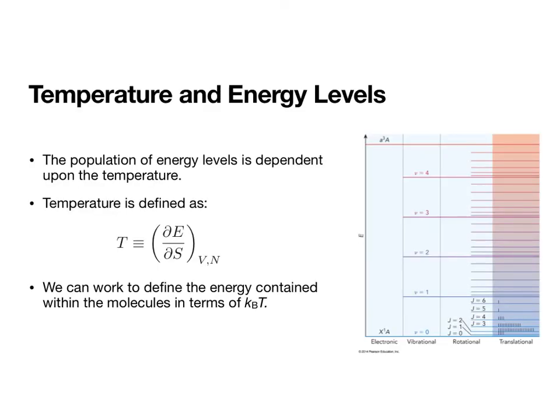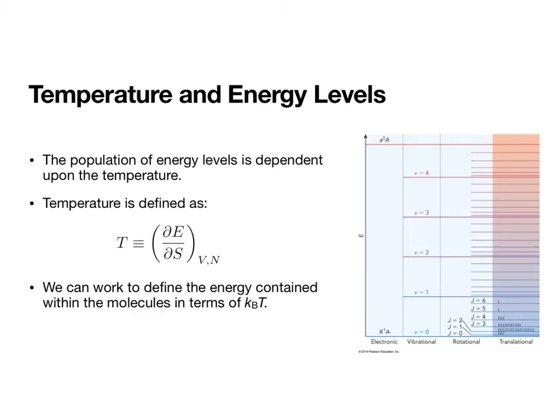Okay, so we keep coming back to temperature. Temperature is super important. And today we're going to really try to understand how temperature and energy levels really interact with some beautiful approximations.